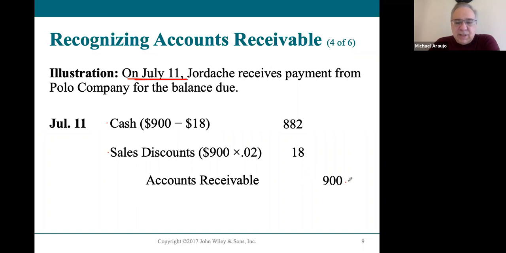Okay. But still, this $900 of receivable is technically only valued at $882 in cash, because that's the actual cash value of the receivable. So this is going to play into that next part. Right? Just because someone owes you $900 doesn't mean that it's actually worth $900.